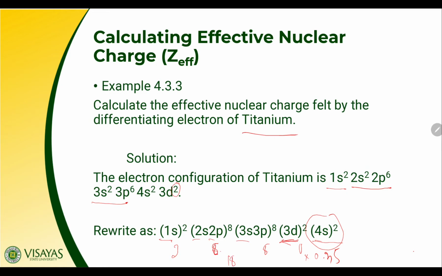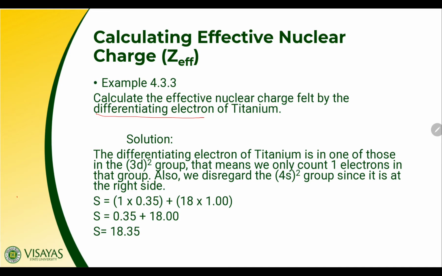So we have a remaining 18 electrons, which we will multiply by 1. So to compute for the shielding, we have 1 times 0.35 plus 18 times 1. So the total shielding is 18.35.